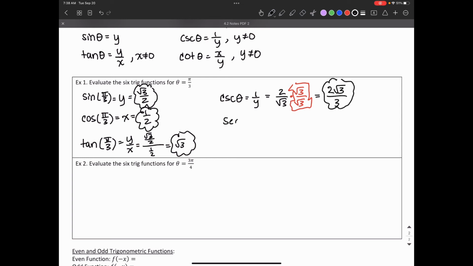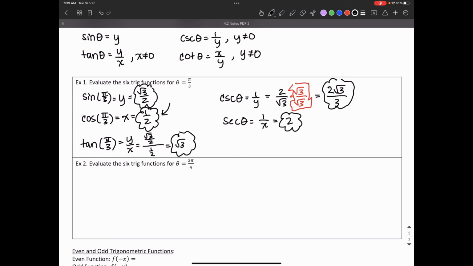For secant of theta, which is the reciprocal of cosine, I'm going to just flip 1/2, so I'll have 2, because it's going to be 1 over x, or just the reciprocal of whatever I got for cosine, and so that's going to be 2 over 1, or just 2.